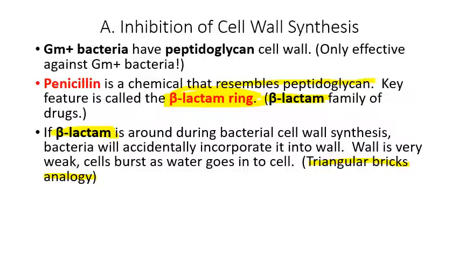Now, one of the interesting things about this is that gram-positive bacteria are only building the cell wall when they're dividing. Right? So I asked you a question earlier on when we were talking about bacterial growth curves. You have the inoculation phase, then the exponential phase, then the stationary phase, then the death phase, right?